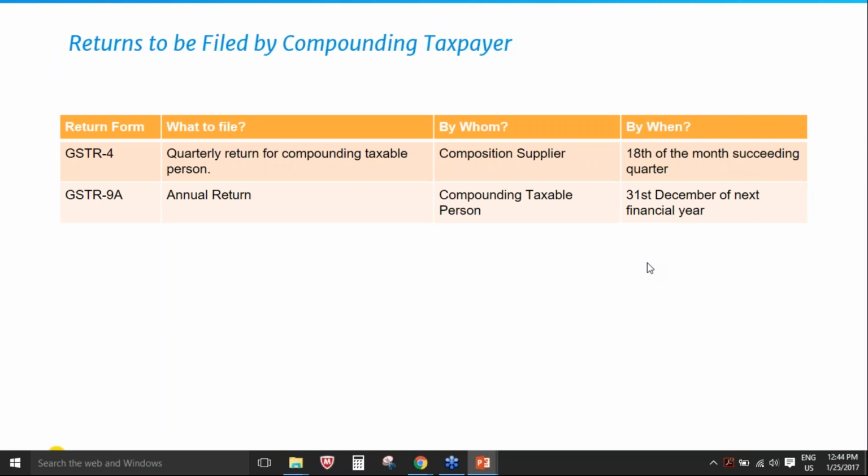We have another query from Ashvita Shetty, which says an e-commerce operator will be required to file GSTR 1, 2, 3, and 8. Well, yes, as an operator you are required to file GSTR 1, 2, 3, and 8.